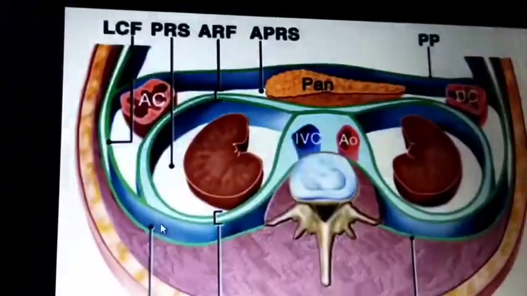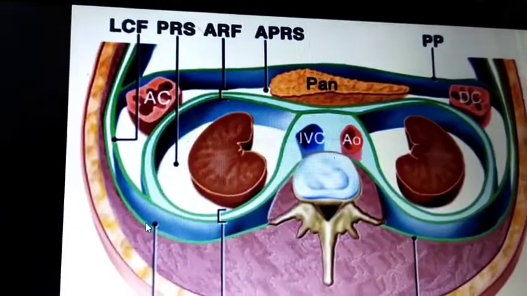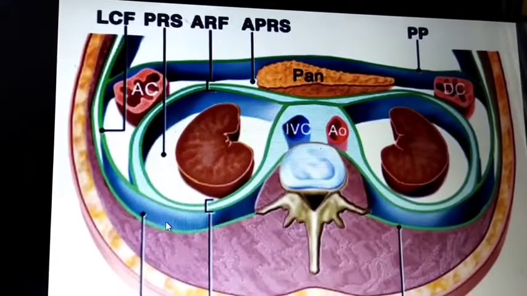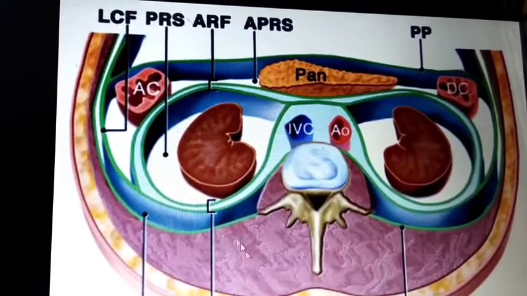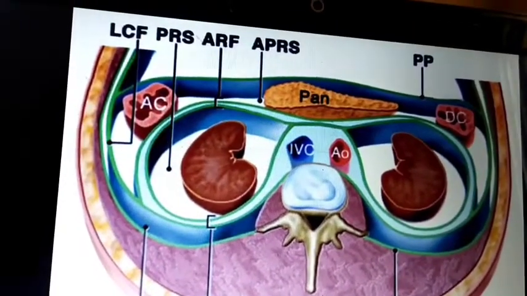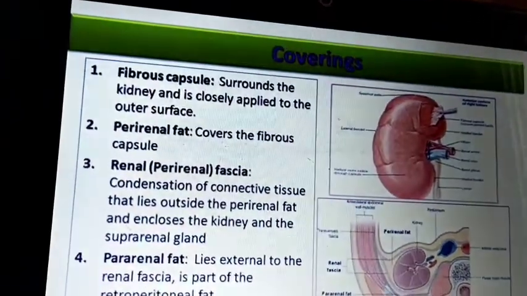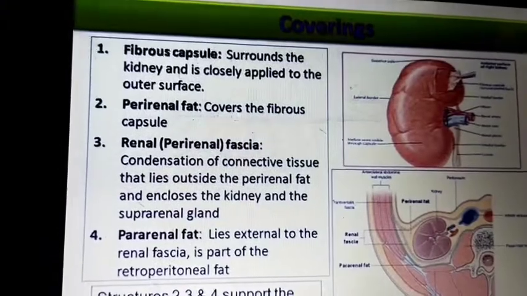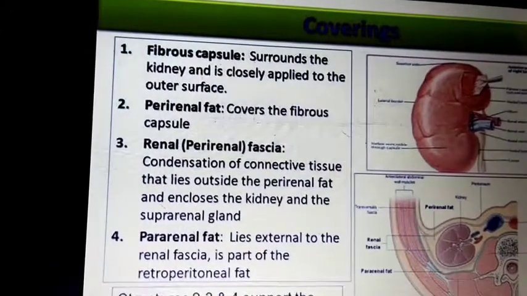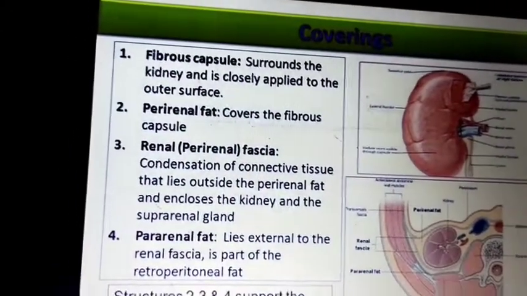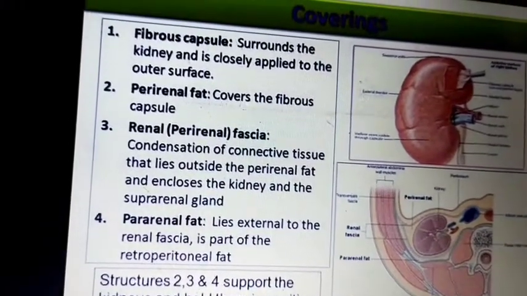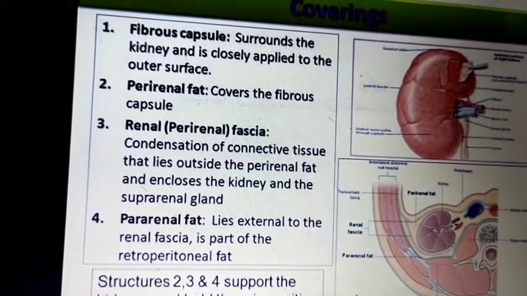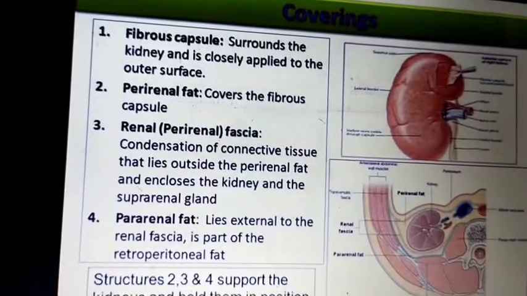And here you get the pararenal space or pararenal fat. Now we can go for the coverings of the kidney. The fibrous capsule is very adherent, also called the true capsule of the kidney. It surrounds the kidney and is closely applied to its outer surface. Perirenal fat covers the fibrous capsule.